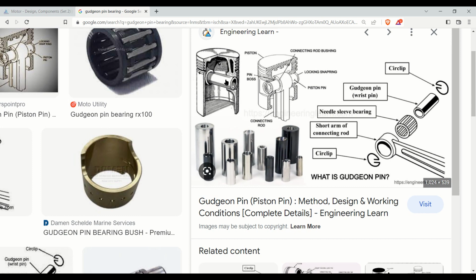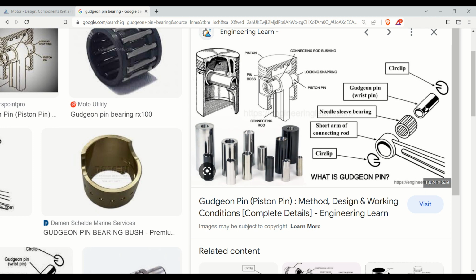Just below it there is a piston pin, the connecting rod is connected with this, and it is positioned inside this hole with the help of a snap ring or circlip. Snap ring is also known as circlip. A special plier is required to remove the circlip, which is known as circlip plier. That too is of two types: outside circlip plier and inside circlip plier.